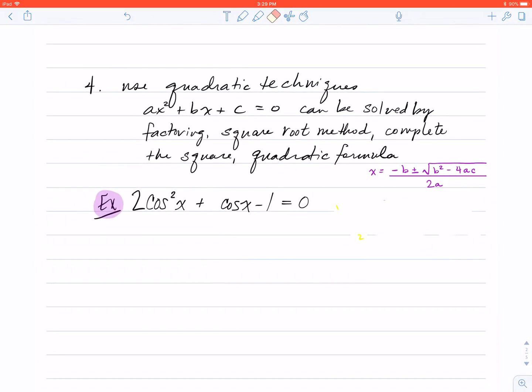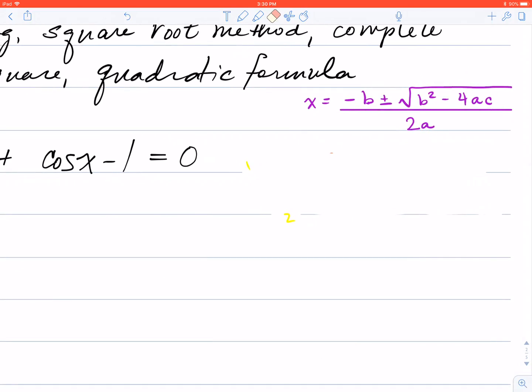But when I look at the example here for this fourth technique, the first thing that I'd like to do is simply take my example and rewrite it without the cosines, just to make it a bit more junior high-ish. And so if I rewrite that with a's, 2a squared plus a minus 1 is equal to 0, and I think about one of my 4 methods, I can use factoring on this.